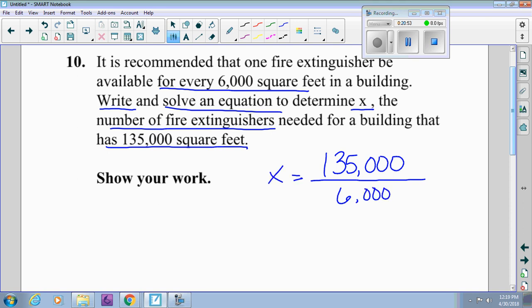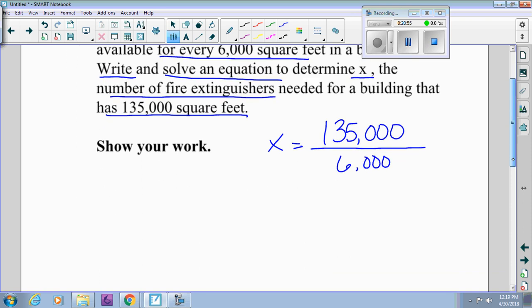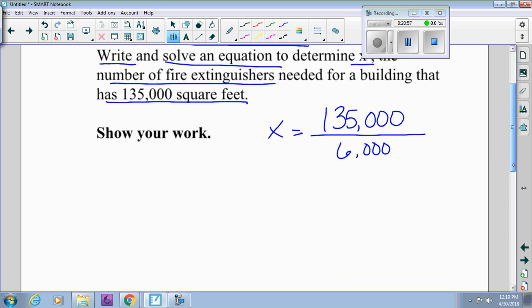So step one is to write that equation out. Recognizing that you're taking that amount of square footage and dividing it into sections that need fire extinguishers. To divide this, I'm going to chop those zeros off. We have 3 zeros, so I'm essentially dividing each of those by 1,000 first to get rid of those.